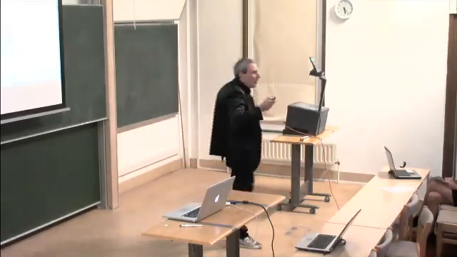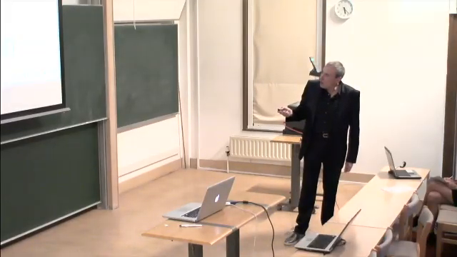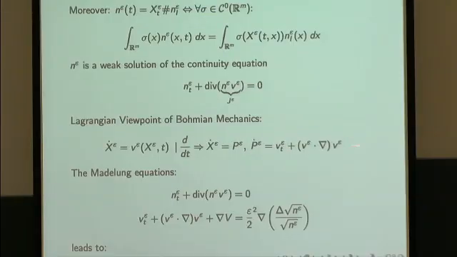Now, what does Lagrangian mean? Well, it basically means take Eulerian and differentiate with respect to time. And what you get is this equation here, by just differentiating along characteristics, and you need to do something with the right-hand side. But there are the so-called Madelung equations of quantum mechanics, which you find on page 5 to 7 of every good book of quantum mechanics, maybe 10, but not further down the road.